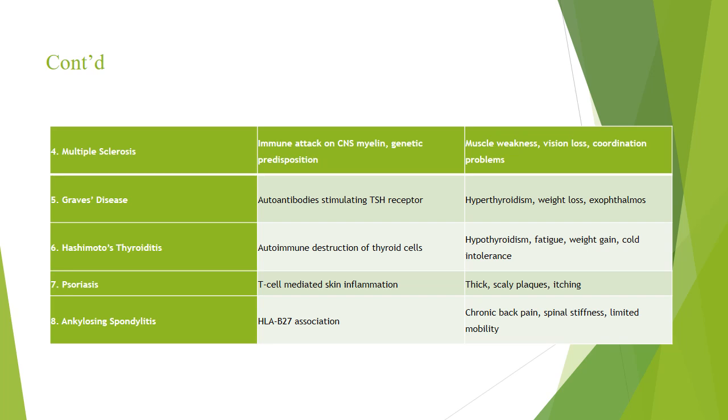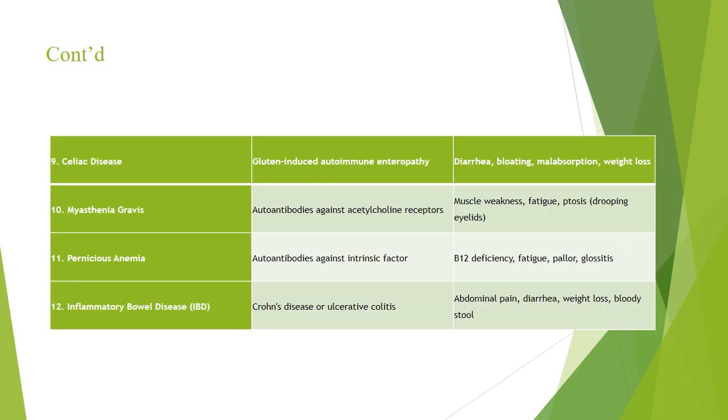We have ankylosing spondylitis, which is associated with HLA-B27 and ends with chronic back pain and spinal stiffness. The ninth disease is celiac disease, which is caused by a gluten-induced autoimmune enteropathy. Clinical manifestations include diarrhea, bloating, malabsorption, and weight loss.